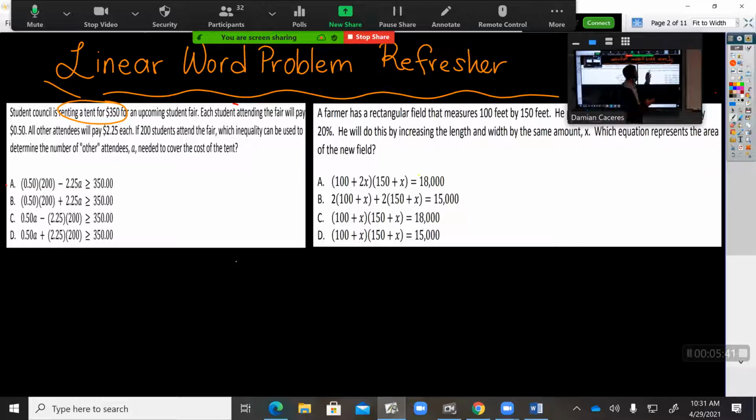So here it says the student council is renting a tent for $350 for an upcoming event at the student fair. Each student attending will pay, so each student pays 50 cents. Important information there, so make sure you mark it. Then it says all other attendees pay $2.25 each.